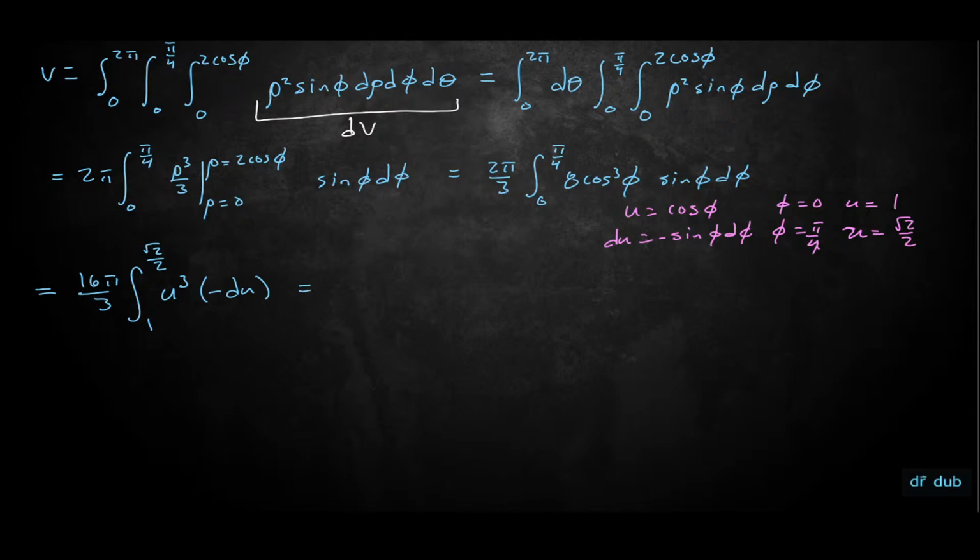So it's going to be 16 pi over 3. I'll use the negative to switch the bounds, and that'll be u to the 4 over 4 from square root of 2 over 2 to 1.